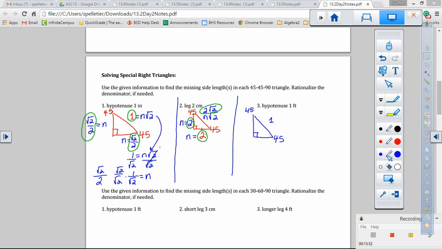Same exact thing. n, and n square roots of 2. We just simplified that a few minutes ago, right over there. And so we know that these other 2 sides are the square root of 2 over 2. This one is also the square root of 2 over 2, and the third side is 1.